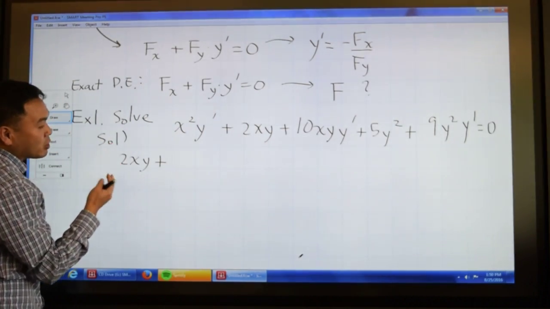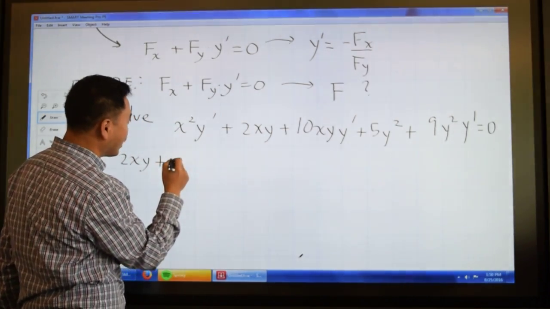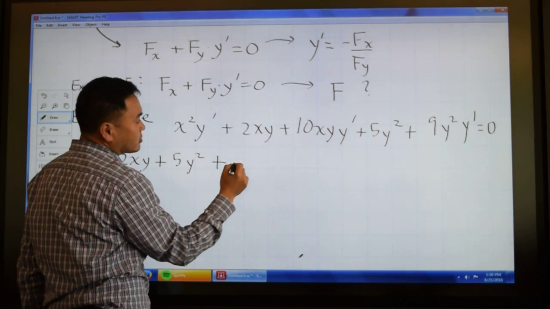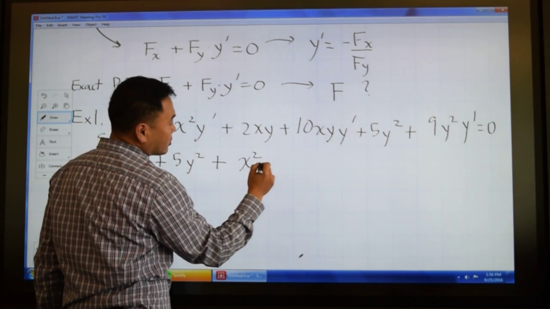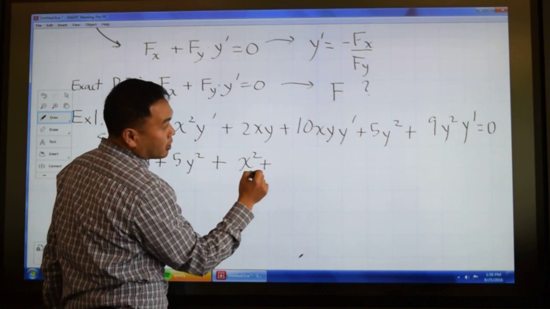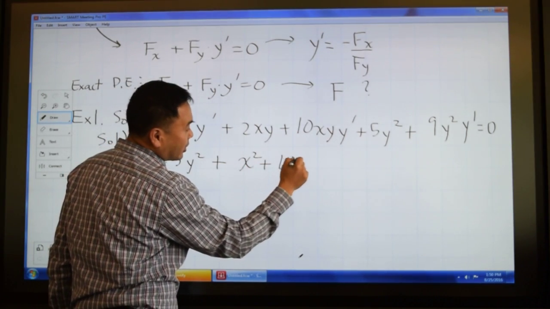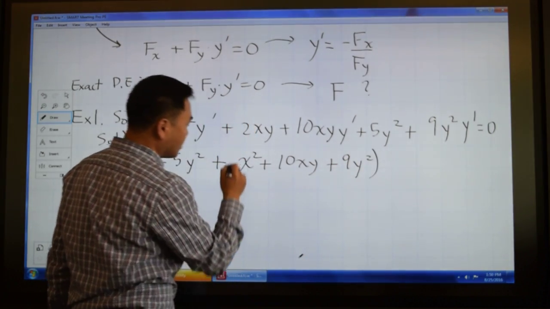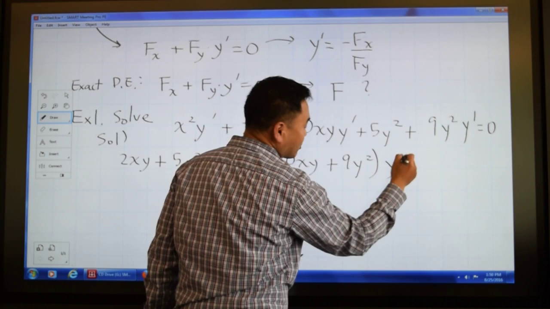Solution. First, I'm going to rewrite it as 2xy plus 5y squared plus x squared plus 10xy plus 9y squared y prime.